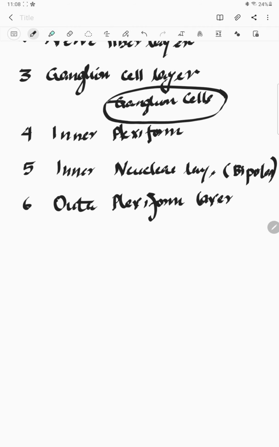Outer plexiform layer is a synapse between bipolar cells and the outer nuclear layer cells. That is, seventh layer is outer nuclear cells.